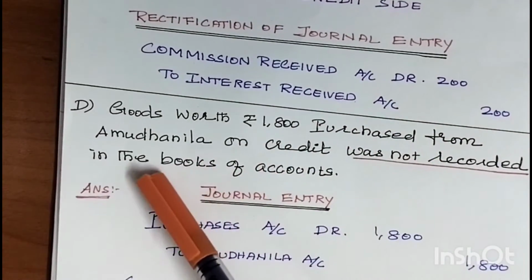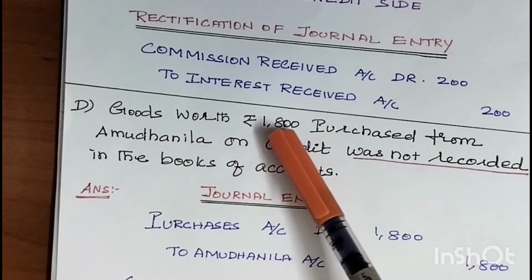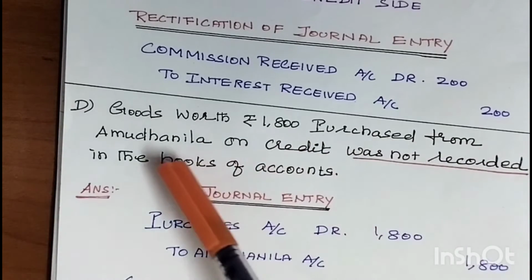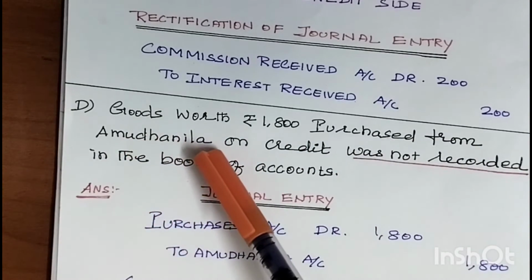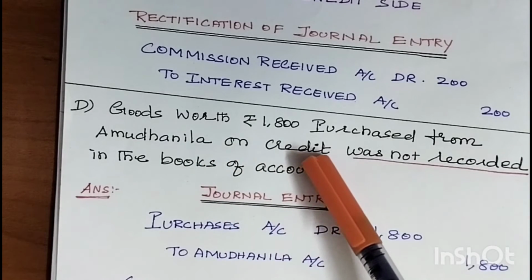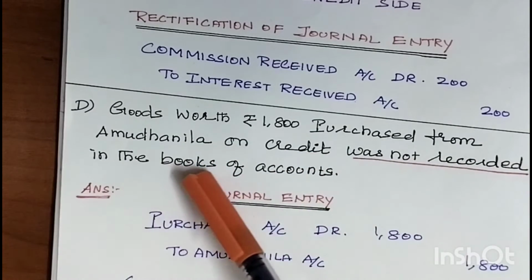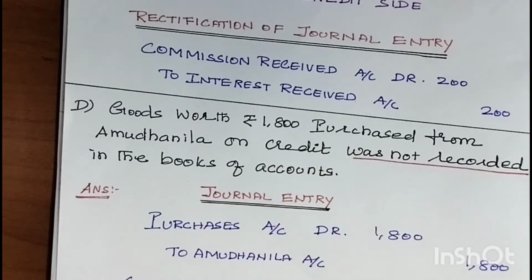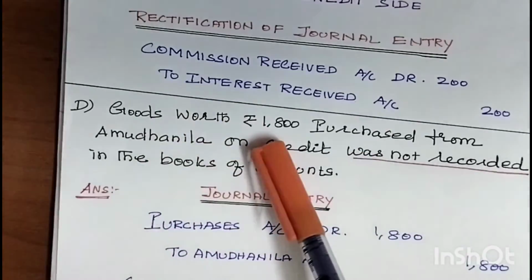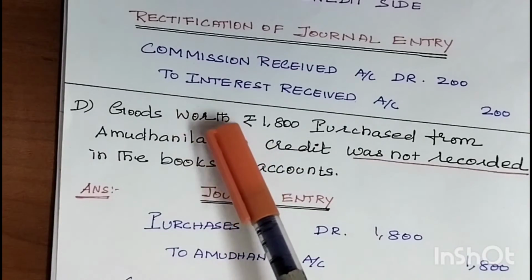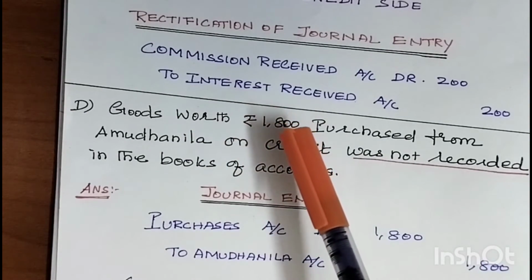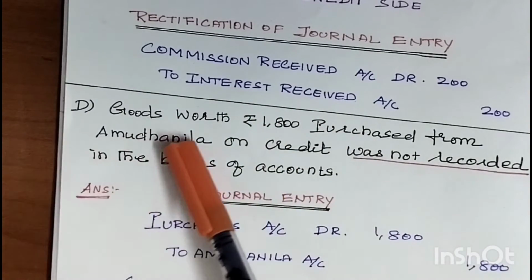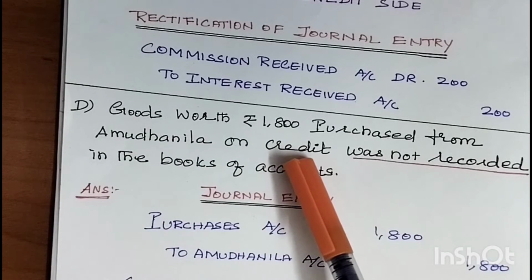The next transaction is goods worth rupees 1800 purchased from Samudanila on credit was not recorded in the books of account. What does this transaction tell us? This is a credit purchase. You purchased goods from Samudanila on credit.